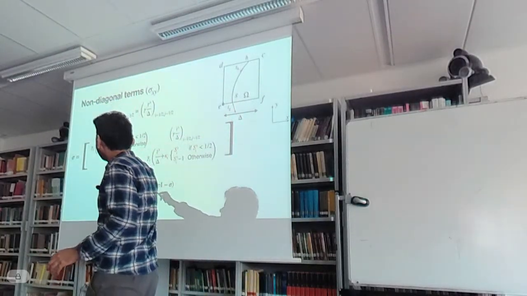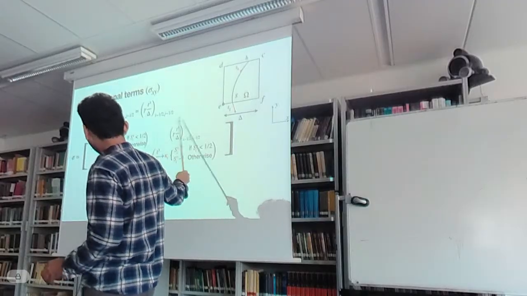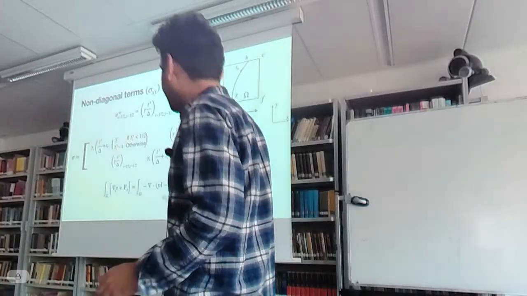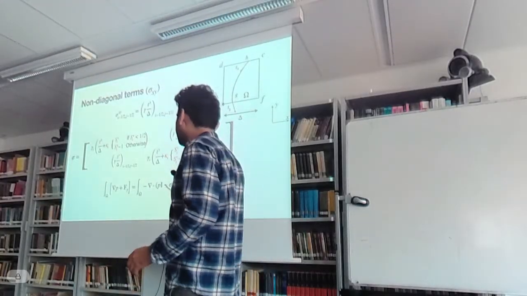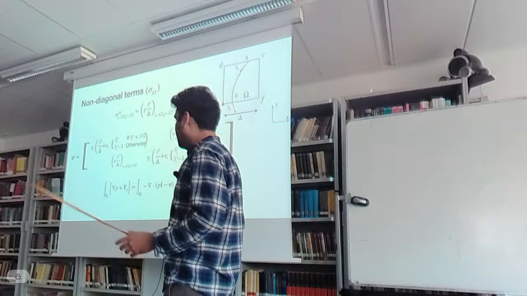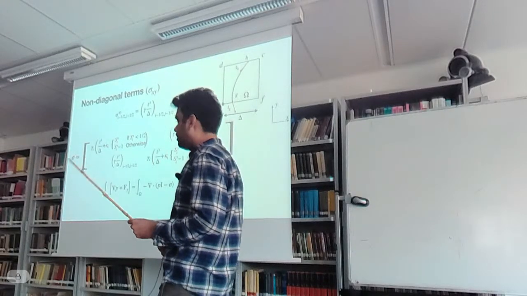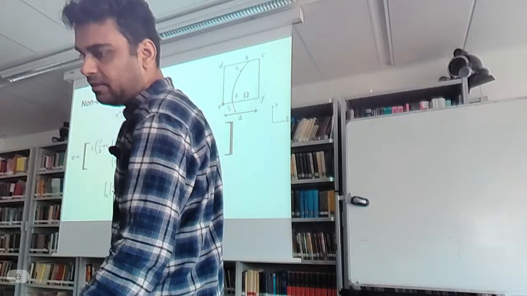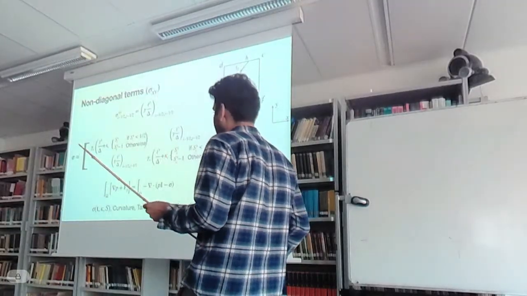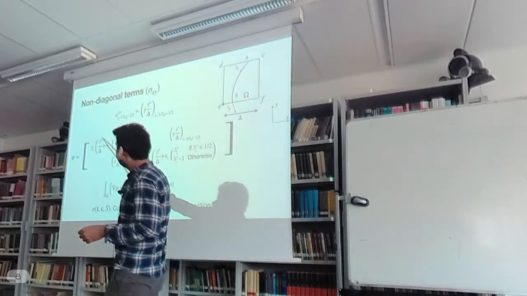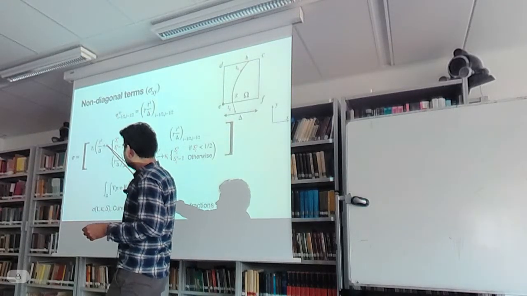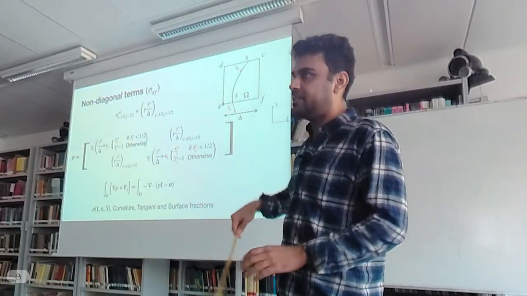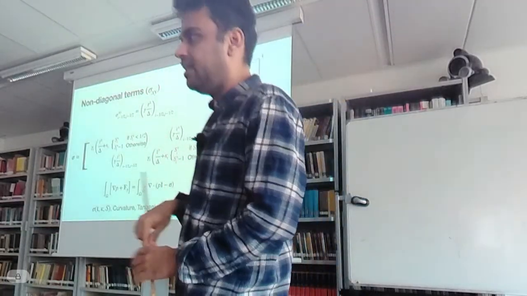So you have the diagonal terms and the non-diagonal terms, and if you take divergence of this, which is discrete divergence, you can write the contribution from the surface tension terms in your simulation. So this depends on 3 of the geometric parameters. So you need to evaluate what is the tangent vector, what is the curvature, and what is the surface fraction. With these 3, you can write this tensor, and you can take divergence, and you can write the contribution due to surface tension.